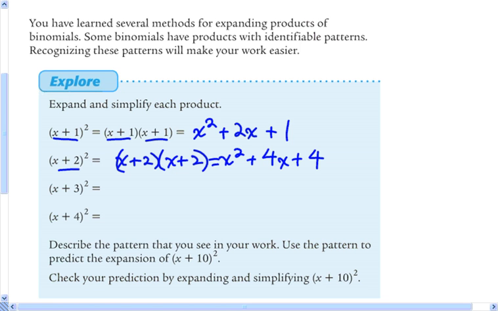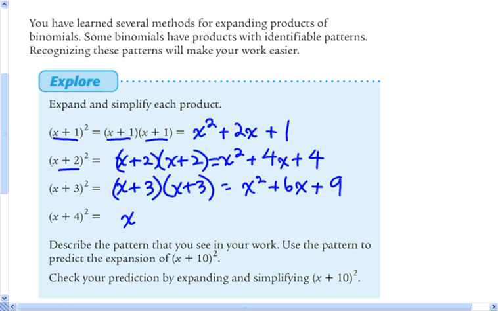If we expand x plus 3, the quantity squared, we get x squared plus 6x plus 9. And I'm going to just skip to the answer here. When we multiply x plus 4 times itself, we get x squared plus 8x plus 16.